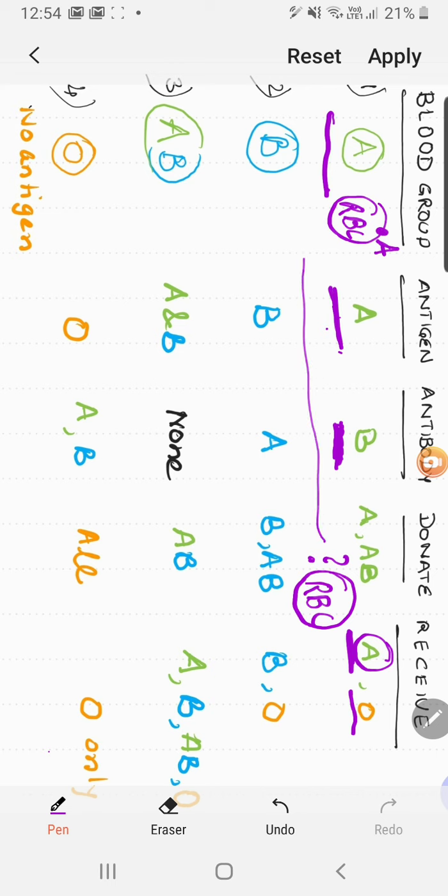So if it is introduced into the body, your body will not be having anything to fight back against, isn't it? You are not having any enemy here to which your body shows production of antibodies. That's why O never reacts with any blood group. It can be donated to all the blood groups because it does not have any antigen.